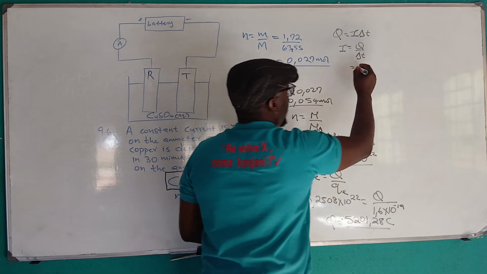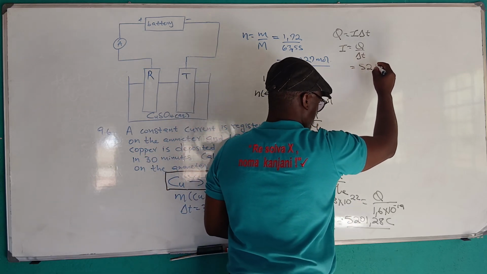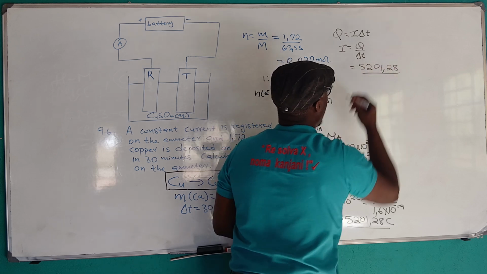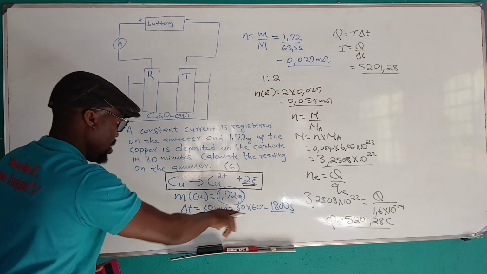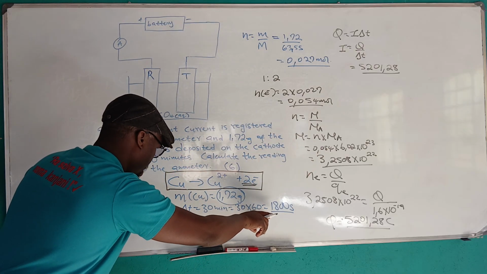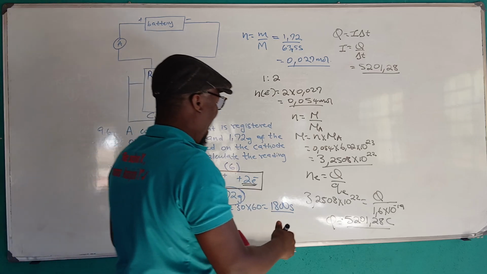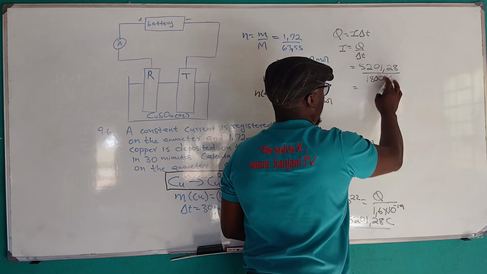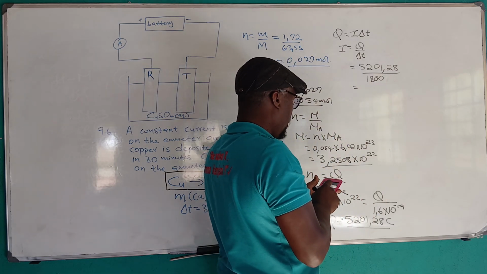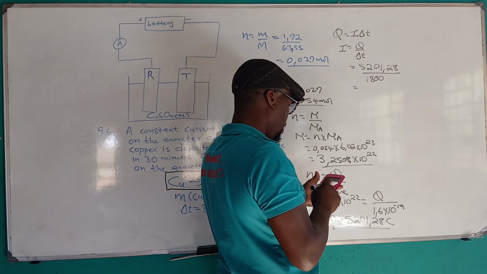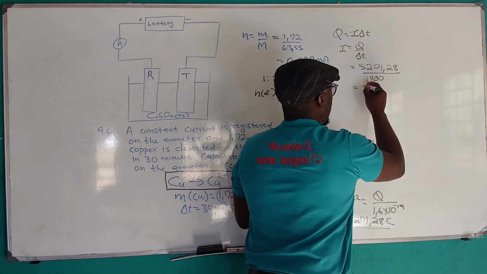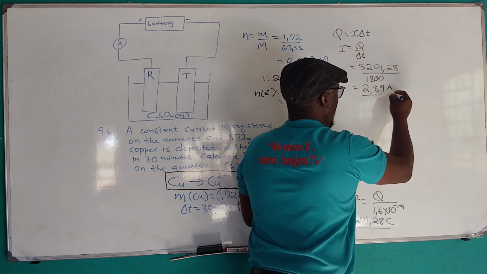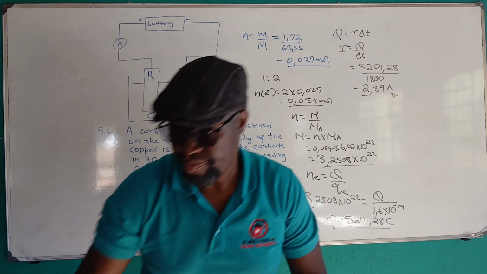That's the charge, 5,201,28, all divided by the time taken, 30 minutes, which gives us 1,800 seconds. So just divide the charge by the number of seconds, and we get 2,89 amperes. That is the answer.